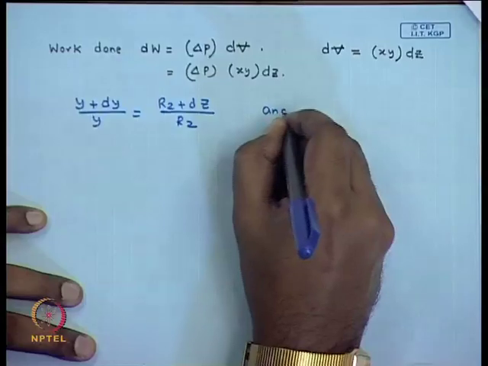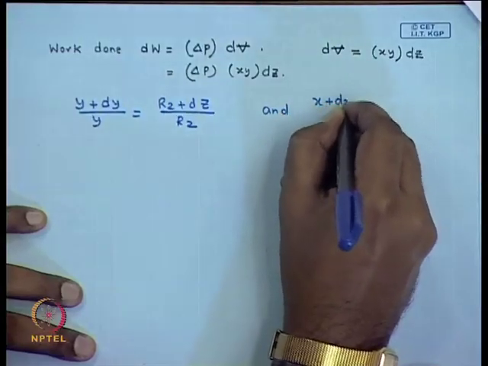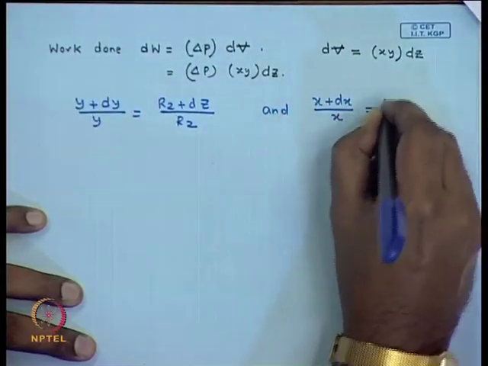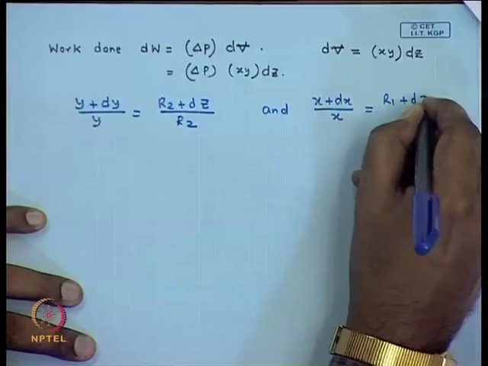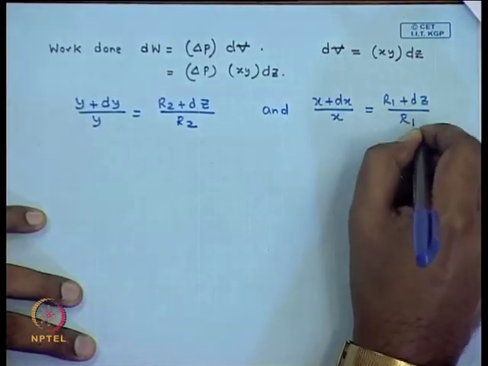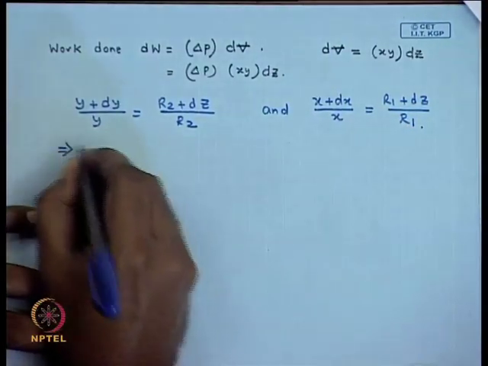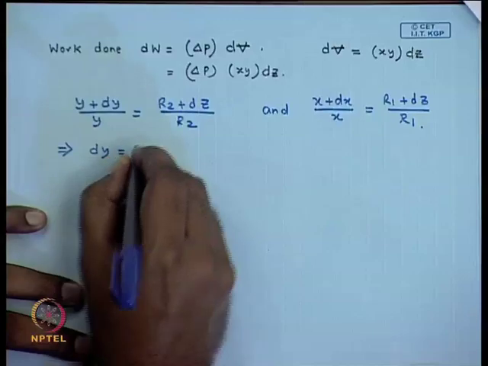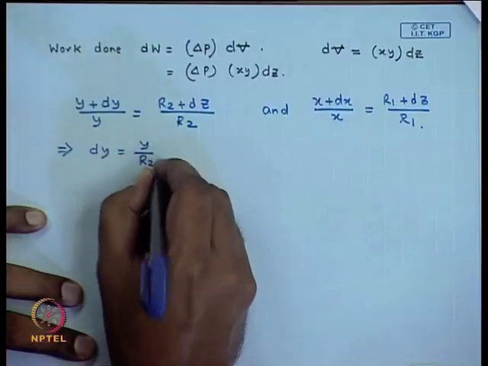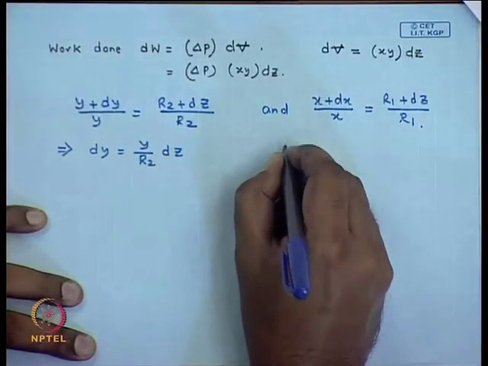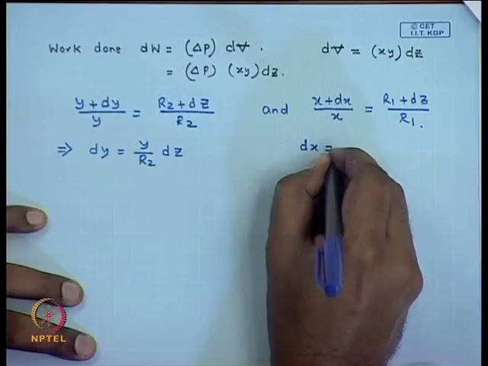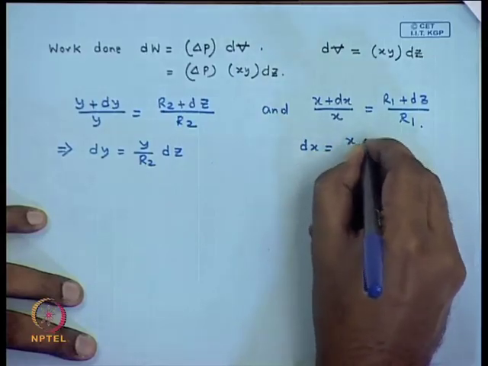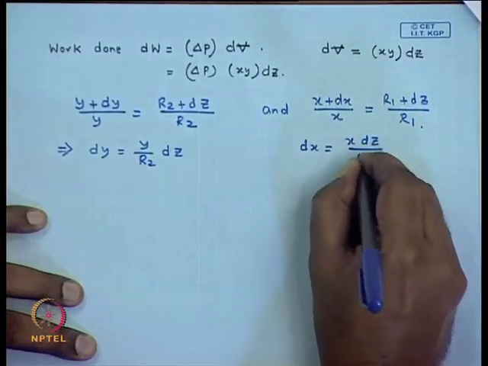From the other one we get x plus dx by x equal to r1 plus dz by r1. Therefore, from here we get dy is equal to y by r2 into dz. Here we get dx is equal to x into dz by r1.